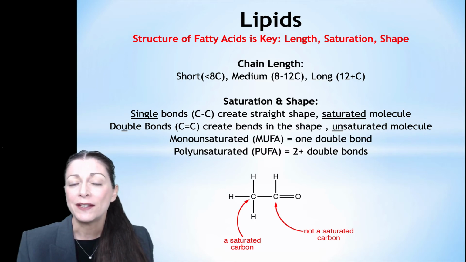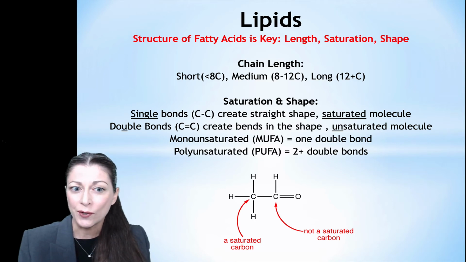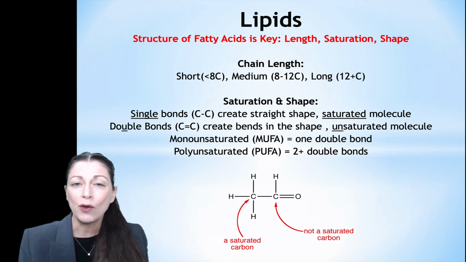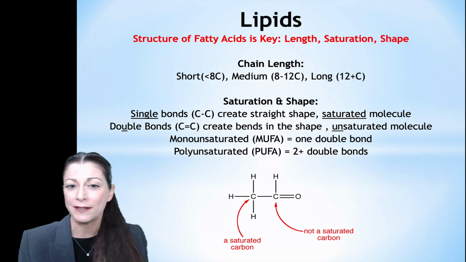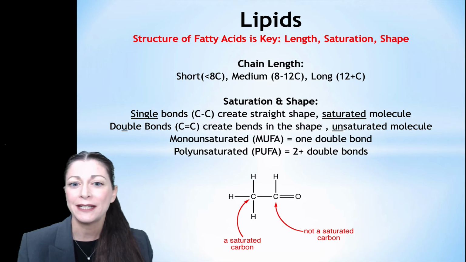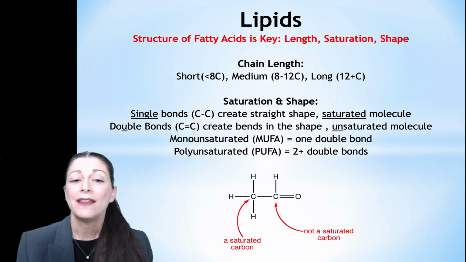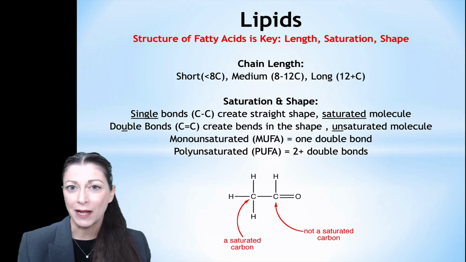The shape and the saturation of the chain also matters. So when the carbons are connected with just single bonds, which is just denoted by a single line, C, single line, C, it creates a straight shape. And this is considered a saturated molecule because it's only single bonds. When there's a double bond, which looks like C equals C, you can see that here on the slide, there's a bend in the molecule.